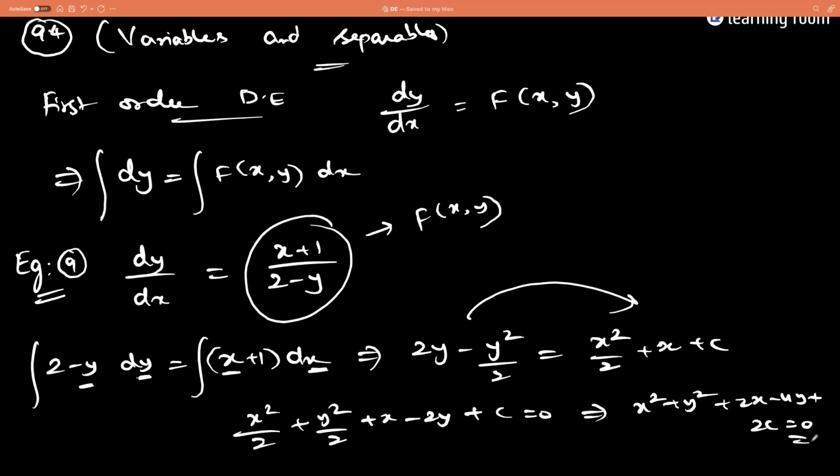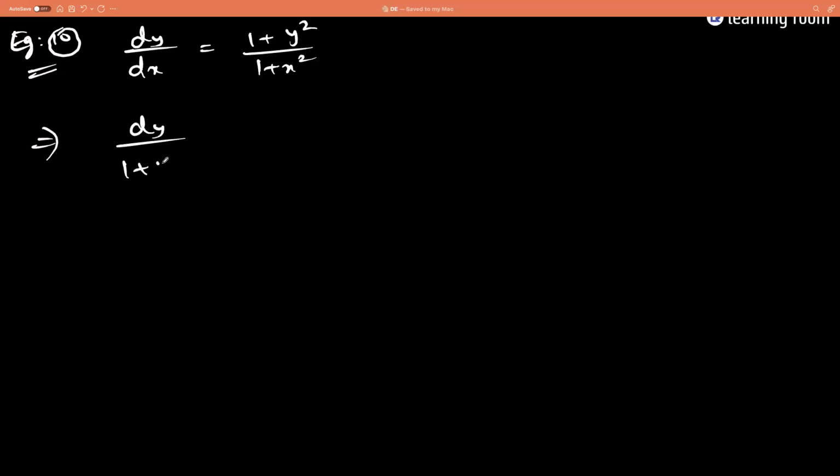So we'll do one last problem and wind up. If I'm fast, please let me know. So dy by dx is equal to 1 plus y square divided by 1 plus x square, which implies dy divided by 1 plus y square is equal to dx divided by 1 plus x square.